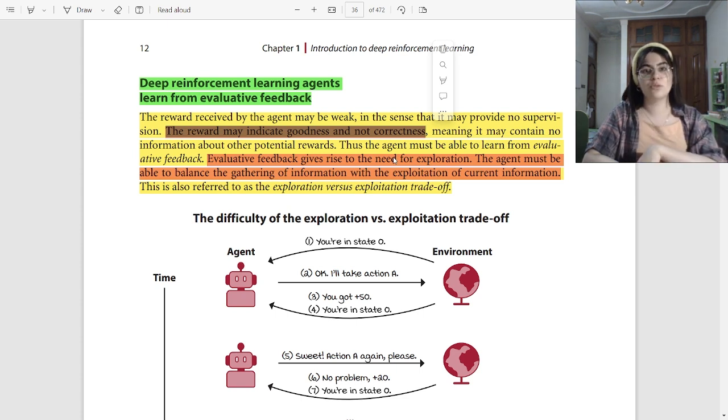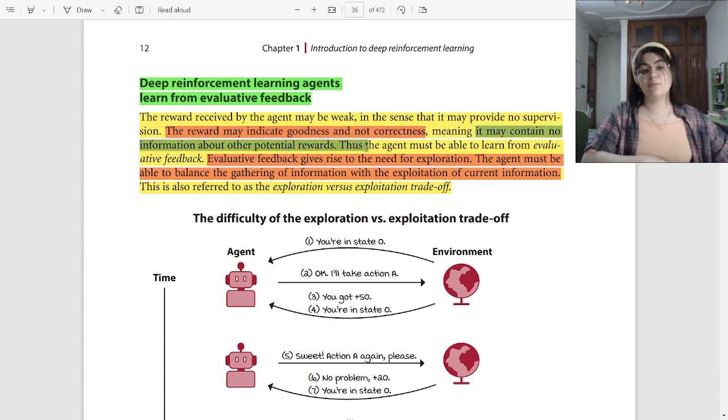Having a +1 reward may show that, okay, this action is good, but that doesn't mean that it's correct, because you may have another action that will give you a +1000, and it's still a show of goodness, because there might be another action that gives you a +2000 and stuff like that. So it may contain no information about other potential rewards.